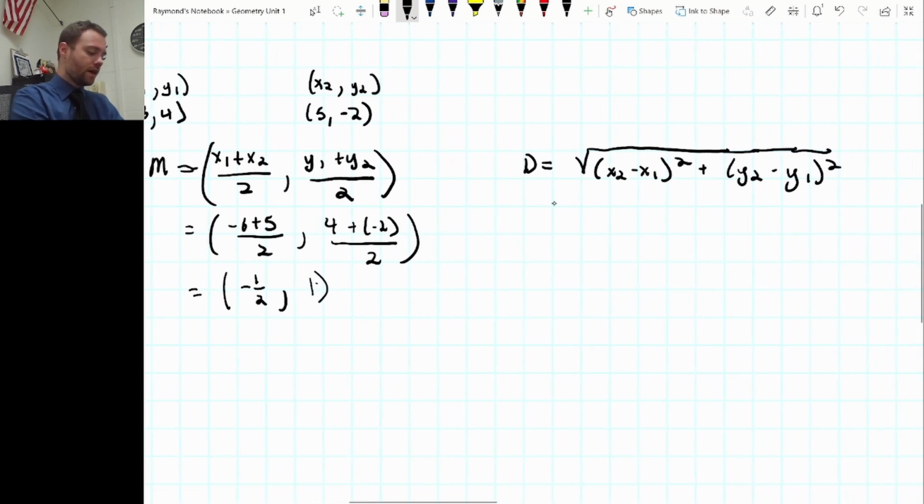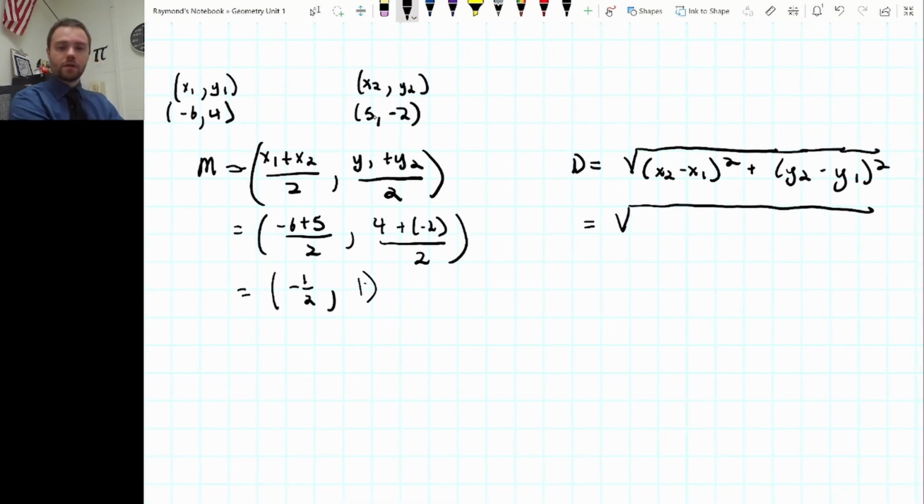So I want to plug these values in and break this calculation down. x2 over here says it's 5. So in this first parentheses, I've got 5 minus, and then x1 is -6. So 5 minus a -6 squared.